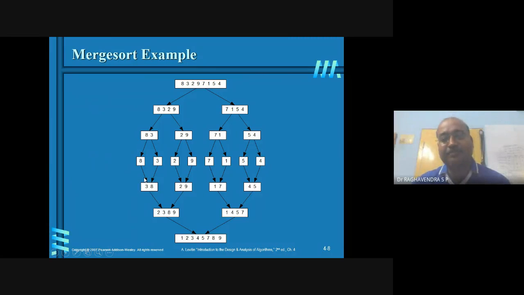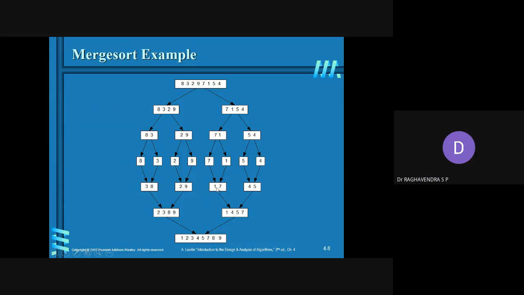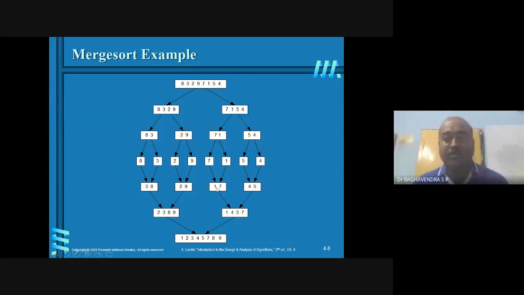Once again, you perform the same process with respect to what we completed in the above step. When you compare 3, 8 and 2, 9, 2 is the smaller, so first 2 will be taken, then 3, then 8 and 9. If you compare the other set of values, 1 is the smaller, then 4, then 5 and 7.